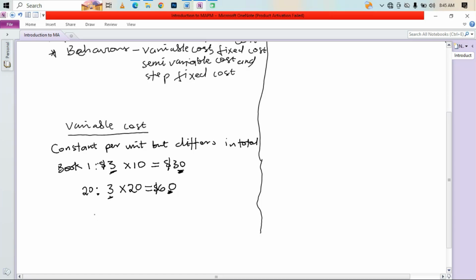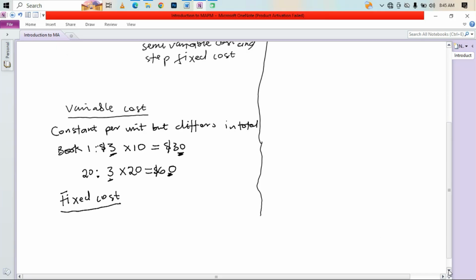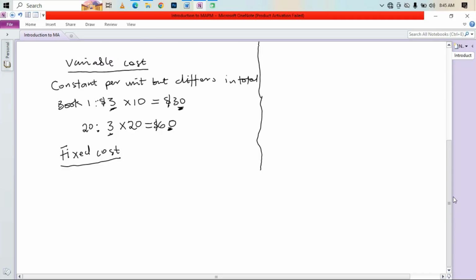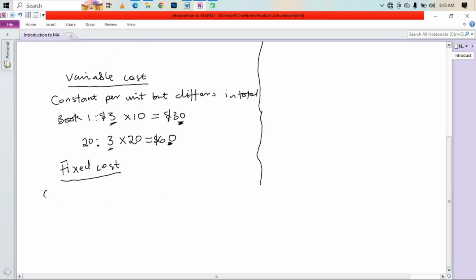Then also let's take a fixed cost. A fixed cost is a cost that is constant in total, but changes per unit.